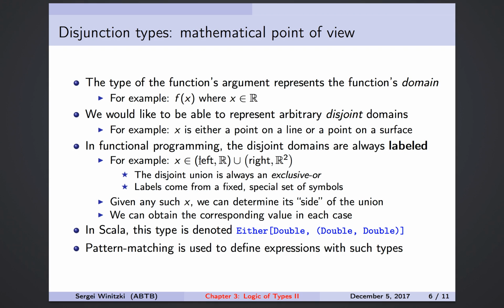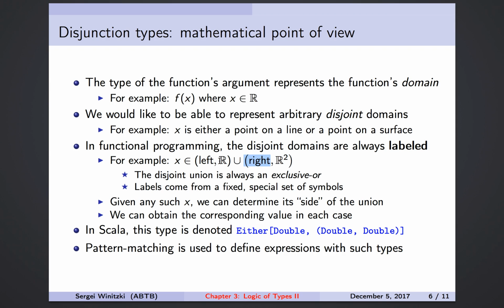It couldn't be both from here and from here because the symbols are different. So given any such X from this entire set, we can always determine by looking at the first element of the pair from which side it comes. And we therefore can know what is the type of the corresponding other value in each case. So there's no confusion if we label the two parts of the union.